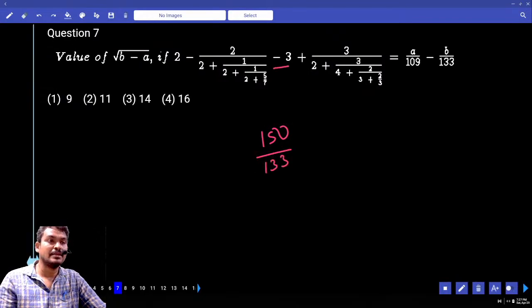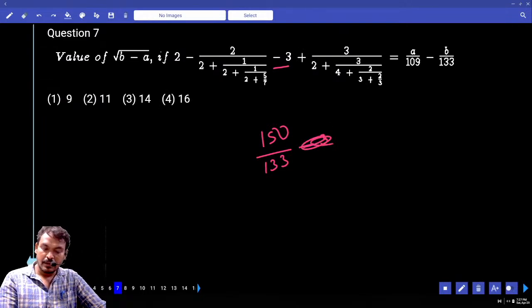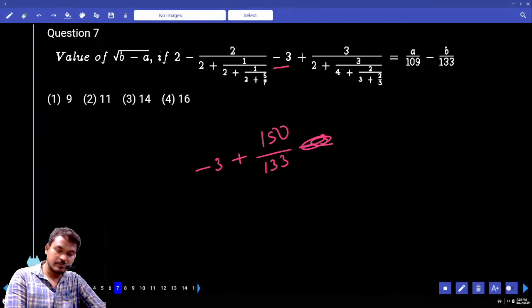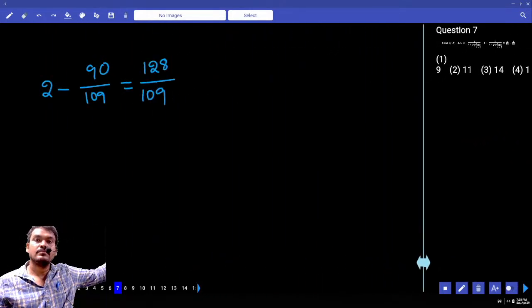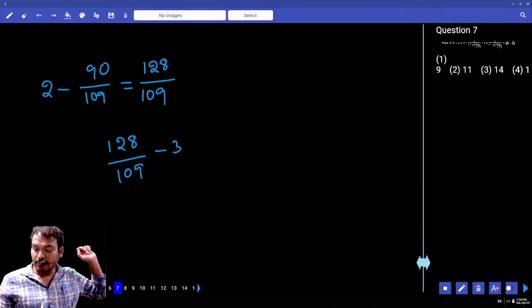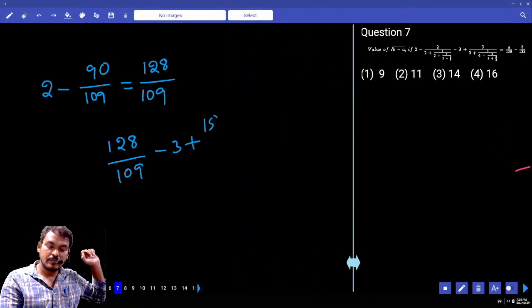Already here minus 3 or plus 3? Minus 3. Then I write here minus 3 plus how much value? 150 by 133. Already 128 by 109 minus 3, or plus 3? Minus 3 plus 150 by 133.